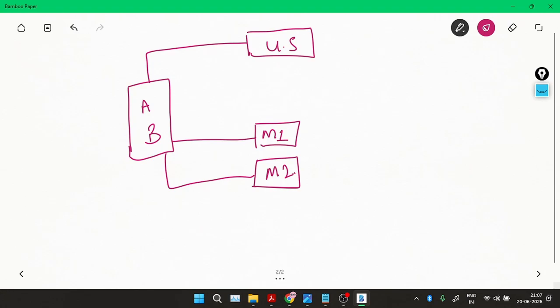This is the basic setup. Now, assume that there is a gate attached to this one and a gate attached to this one, and here is the ultrasonic sensor.